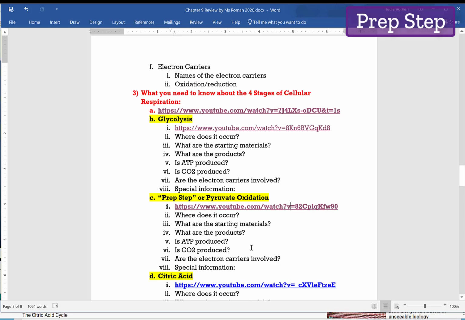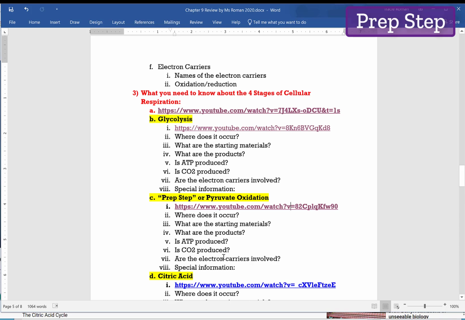And remember, that's significant because glucose will eventually be broken into 6 molecules of CO2, 6 molecules because glucose has 6 carbons. Are the electron carriers involved? Yes.